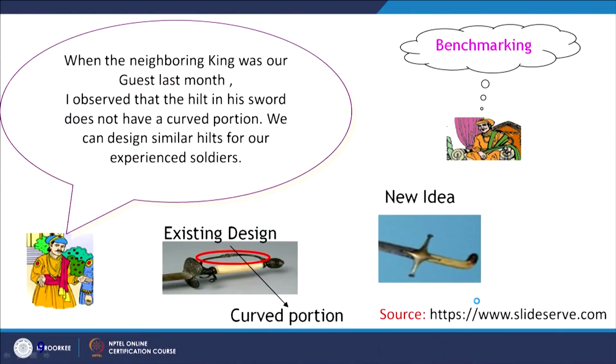This idea is benchmarking. We must try to see what the competitive product is all about, what the best practices of the competitive product are, what the best design features are, and what the best functional requirements are that are being met by the competitor's product. So, benchmarking means we have to see how we are performing in comparison to our competitor's product.